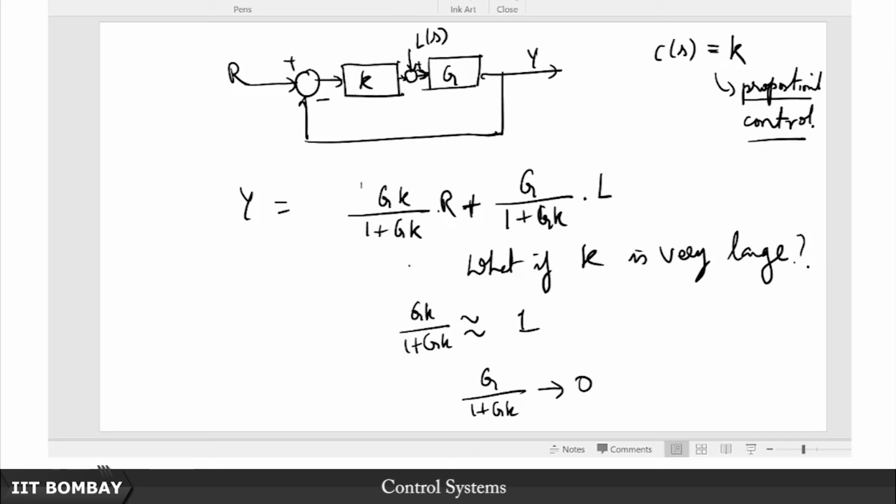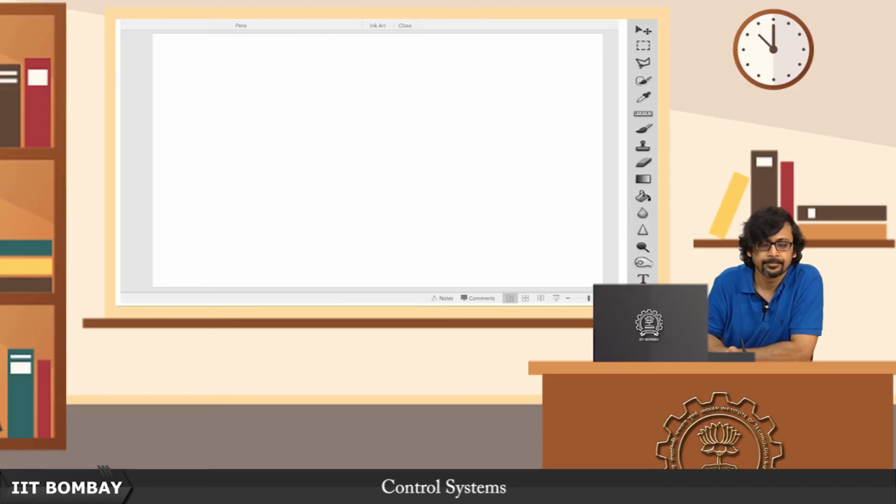When you talk about this closed loop system, the roots of 1 plus Gk equal to 0 are the closed loop poles. Now notice that Gs is nothing but some numerator polynomial divided by some denominator polynomial.